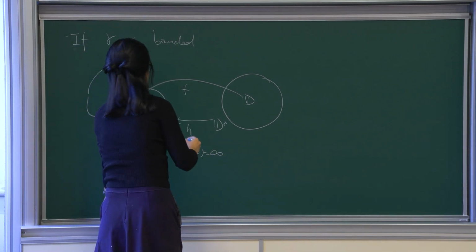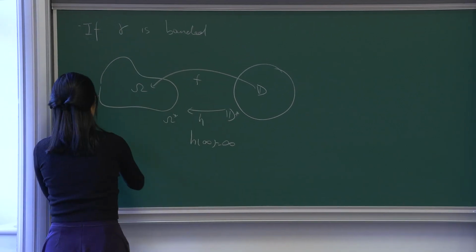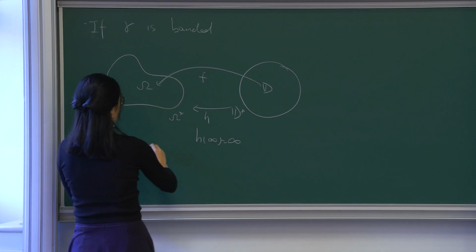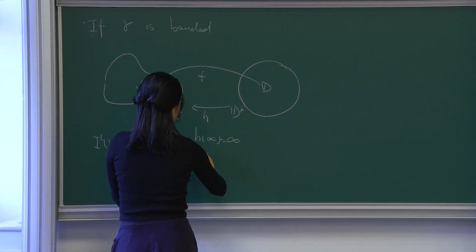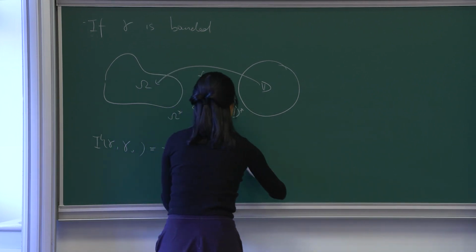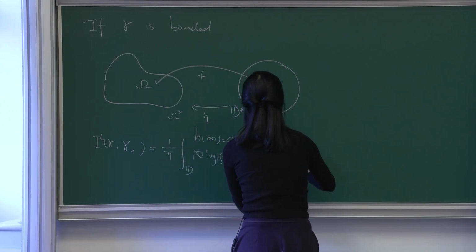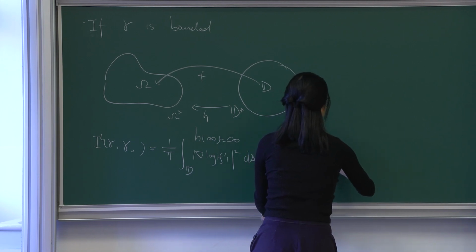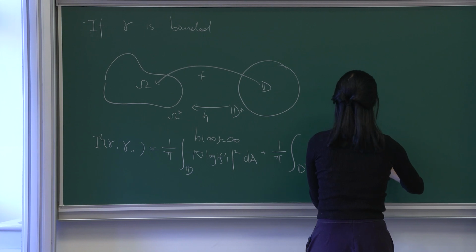Then I have that the Loewner energy of gamma rooted at any point is equal to 1 over pi, again, gradient of log f prime squared dA, plus 1 over pi, integrated over D star, gradient of log h prime squared dA.